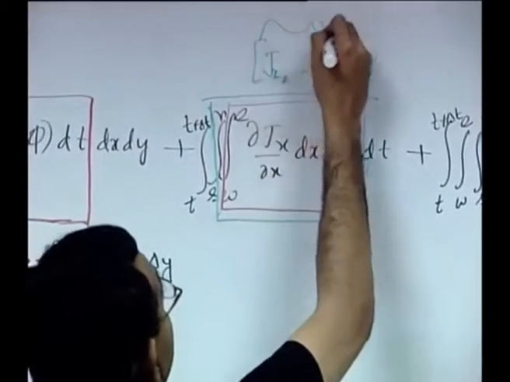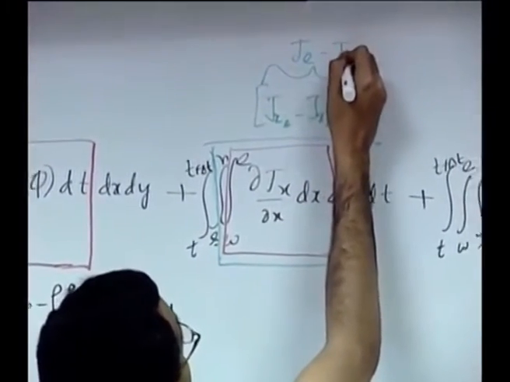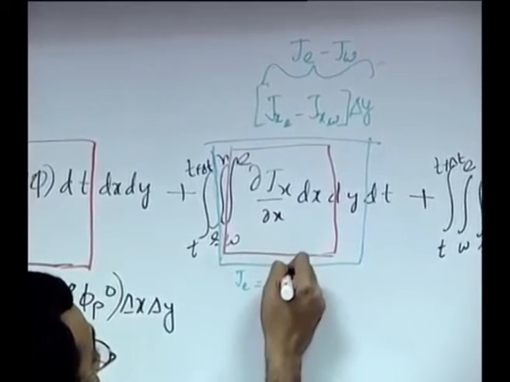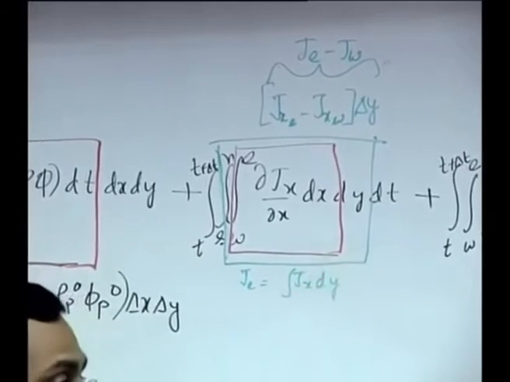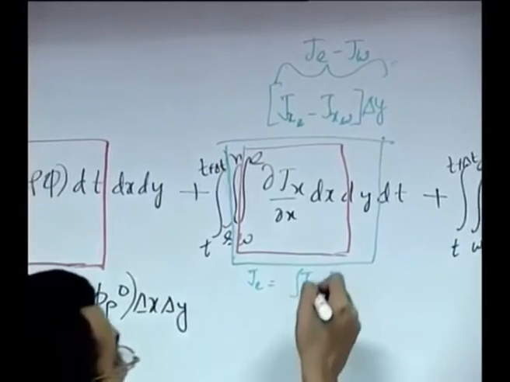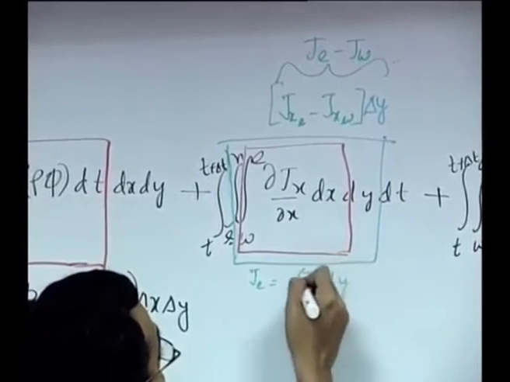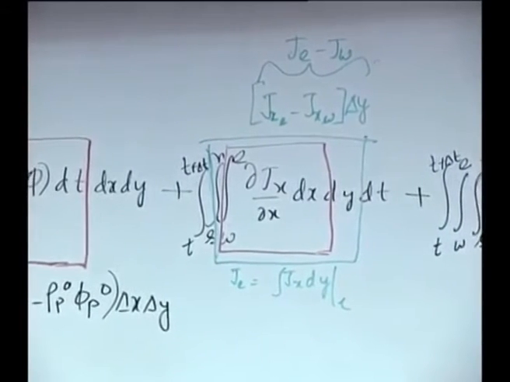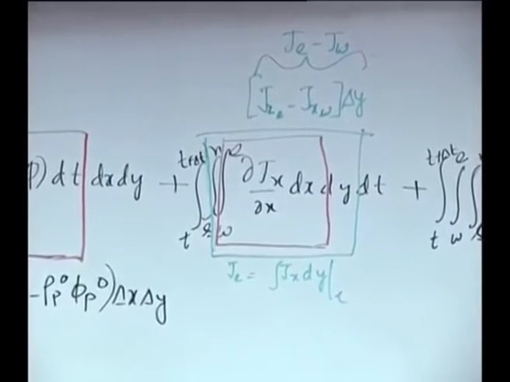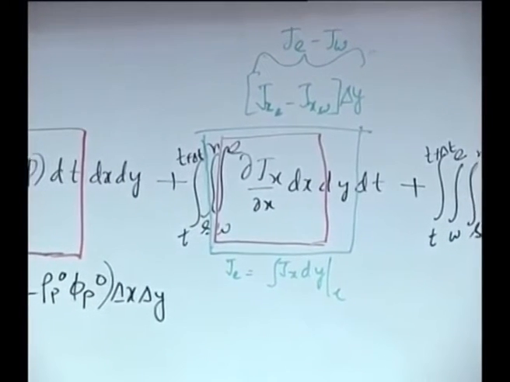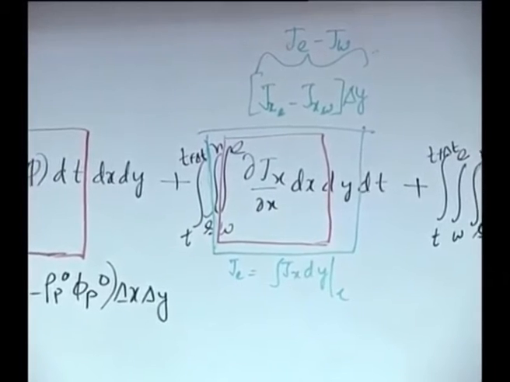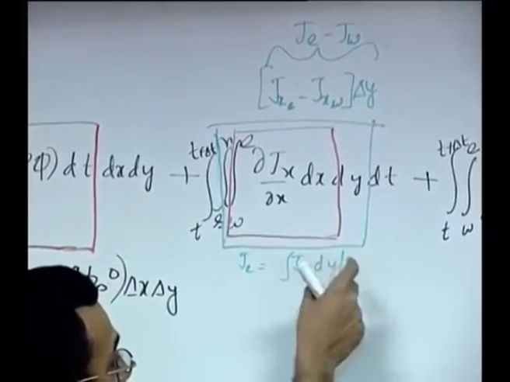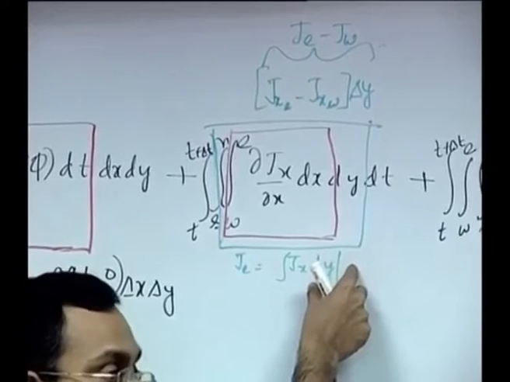This we call Je minus Jw, where what is Je? Integral of Jx dy or Jx into delta y, so to say, at E. Similarly, the same at small w is Jw. So, the definition of the J is very similar to a one dimensional problem, except you have the previous J multiplied by a delta y.